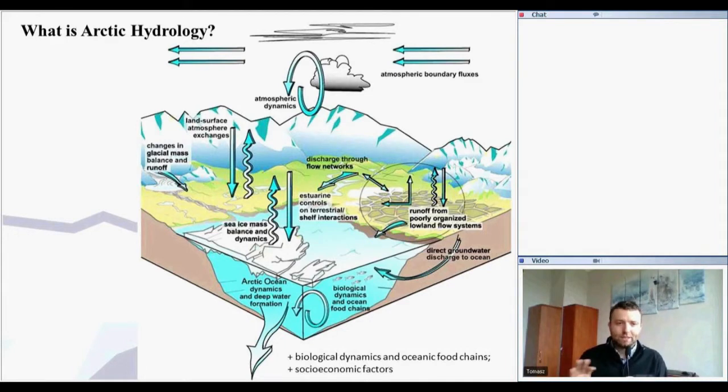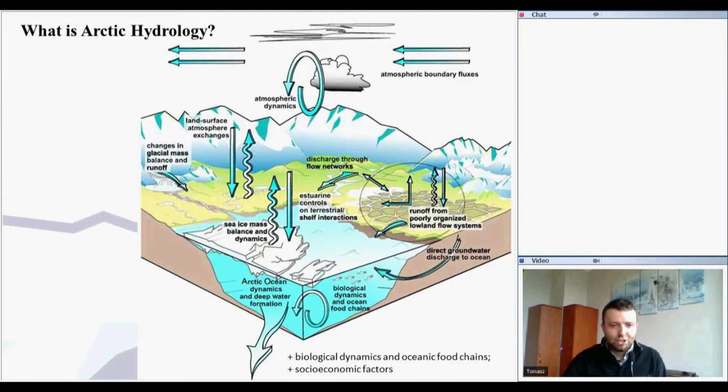On the seas, there is sea ice that can change, so there is sea ice mass balance and dynamics. And of course, Arctic Ocean dynamics and deep water formation. And there are many different biological dynamics and ocean food chains. And of course, there is also runoff from poorly organized lowland flow systems, and direct groundwater discharge to the ocean.